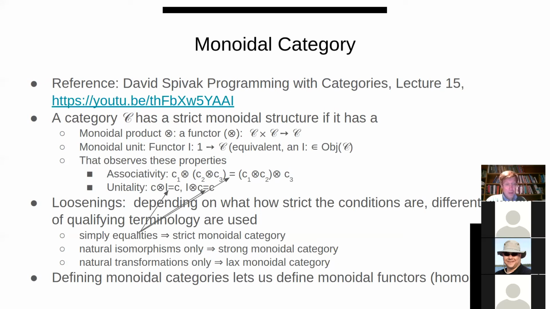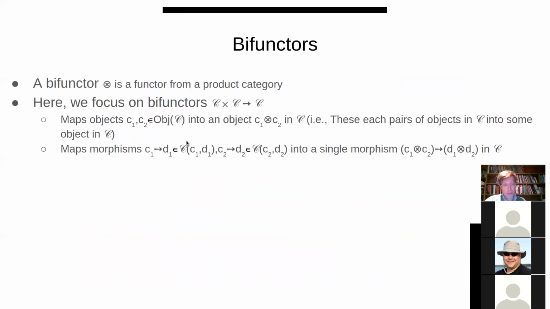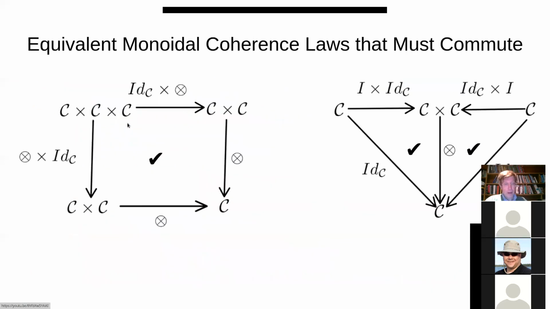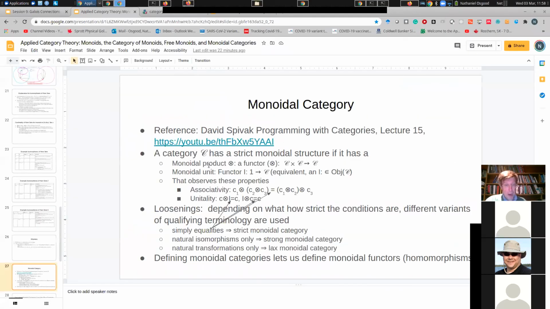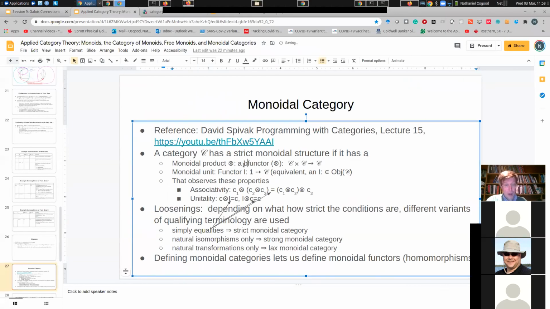And it turns out there's different levels of strictness with which we can define this. This is defining a strict monoidal category. But here we're going to have this monoidal product, which is a functor. It's a bifunctor. And I should probably say Bi-Functor, okay?